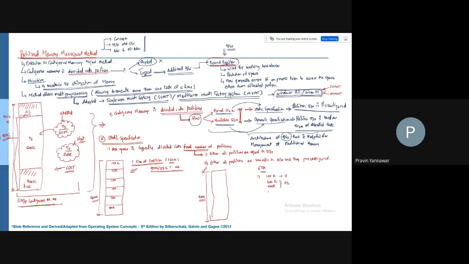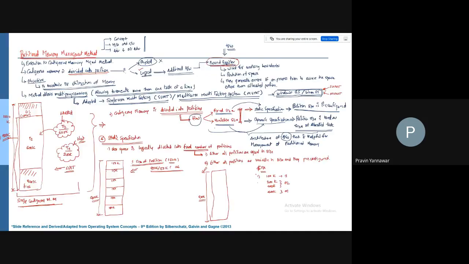Okay, then I can have one partition of say 400k. So how many? There are just 4 partitions. So I'm going to have 4 partitions in this particular way. Or if it is going to be 6 partitions, I can have one partition of 50K, or 50K, 50K, 2 partitions, so that is going to be 100.